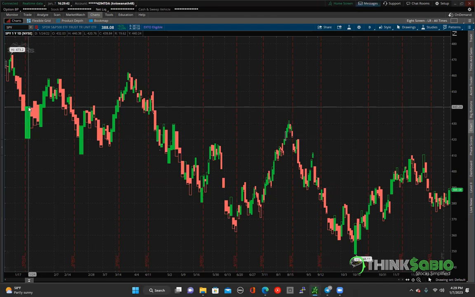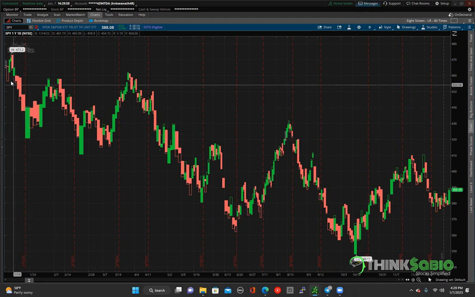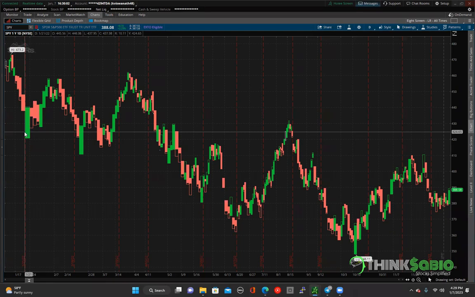They're not only long, but they're also fat. That means on this particular day, the volume, meaning the number of people participating in this security, is high relative to the other days. That's why this particular candle is big. It's also wide. It's wider than this, right?